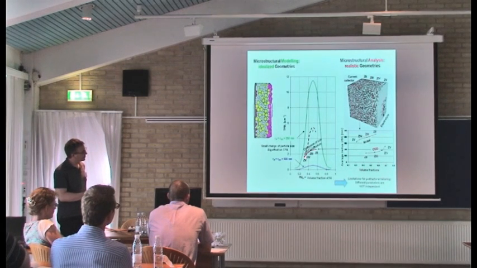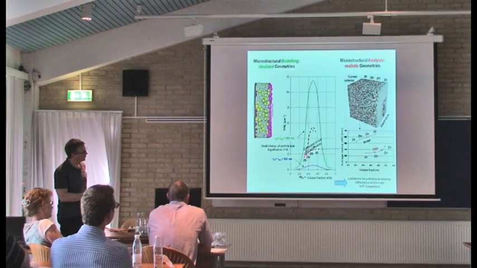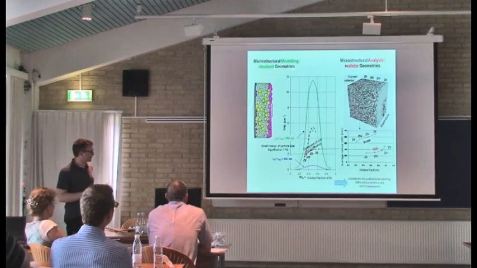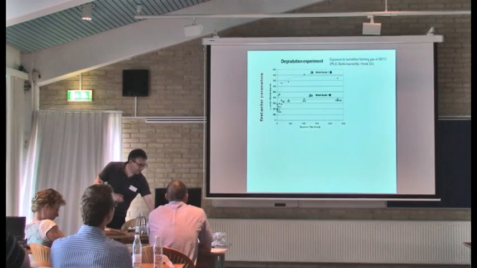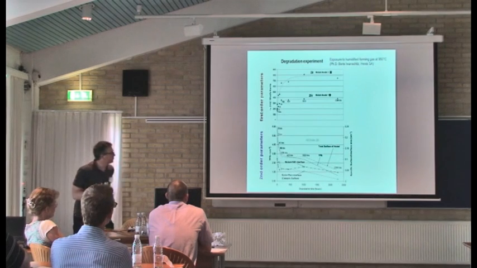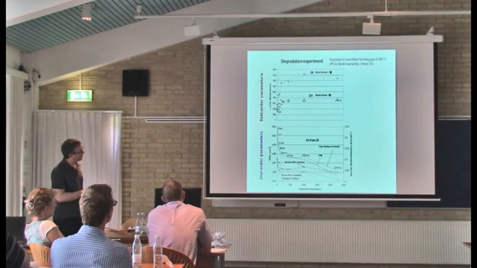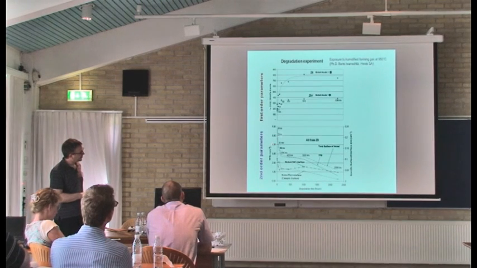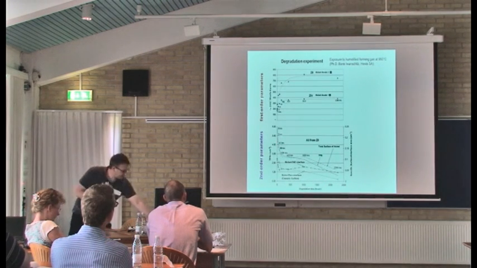So when we could keep the size constant, the model would predict that the TPB would evolve something like this. And with the degradation experiment we can also see how change of particle size has an effect on TPBs.